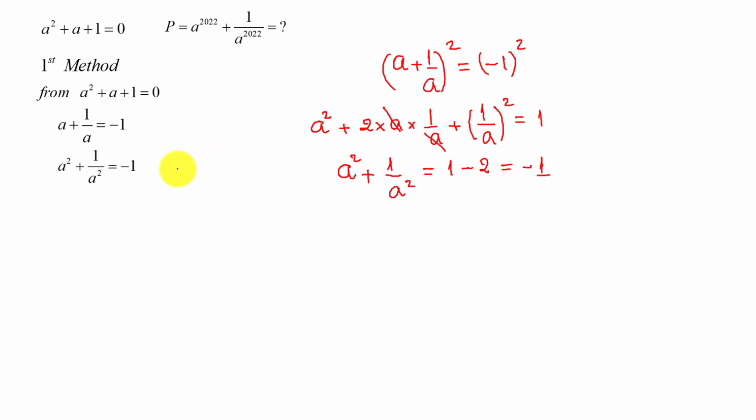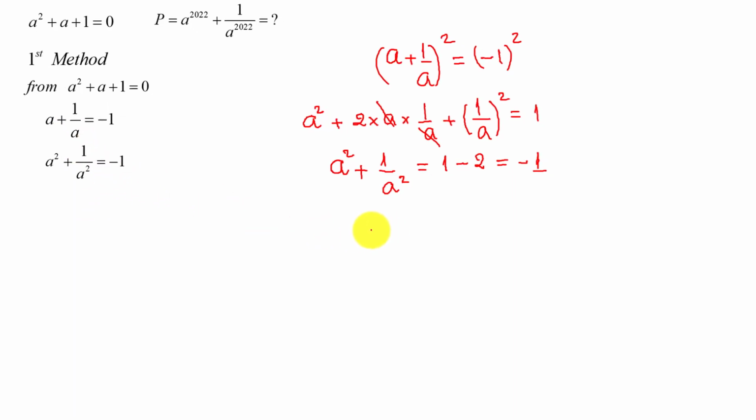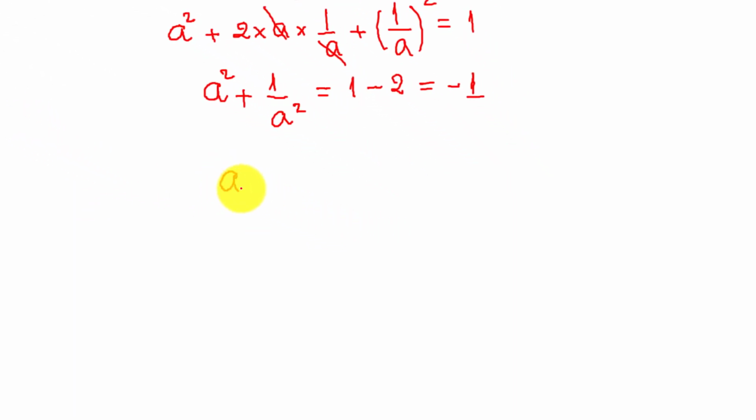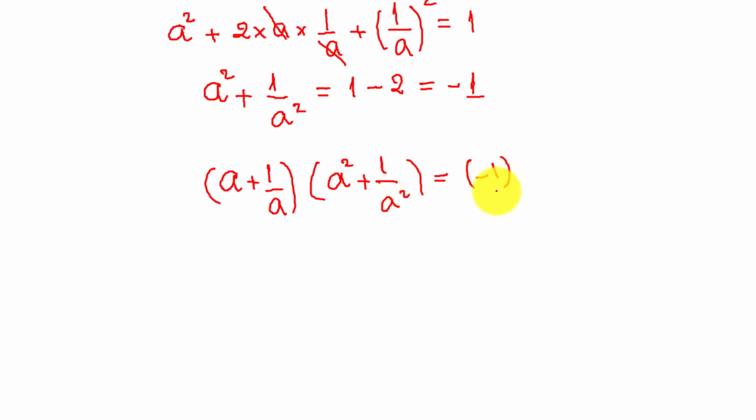And then I can multiply both sides of these equations. So I get a plus 1 over a multiplied by a squared plus 1 over a squared equals minus 1 multiplied by minus 1.